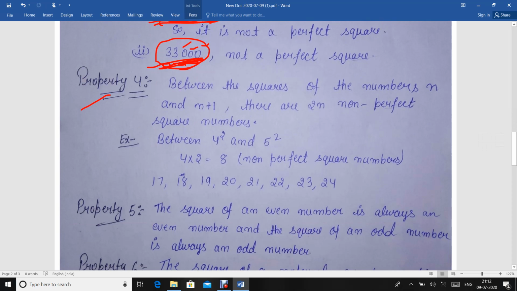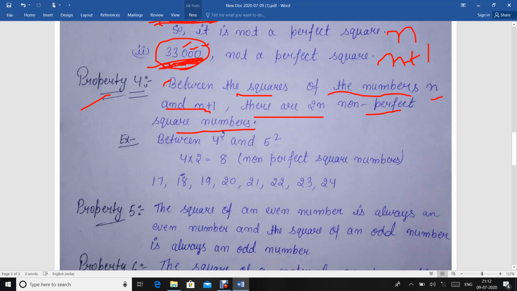The next property is property number 4, and please listen carefully, it is complicated. Between the squares of the numbers n and n plus 1, there are two n non-perfect square numbers.